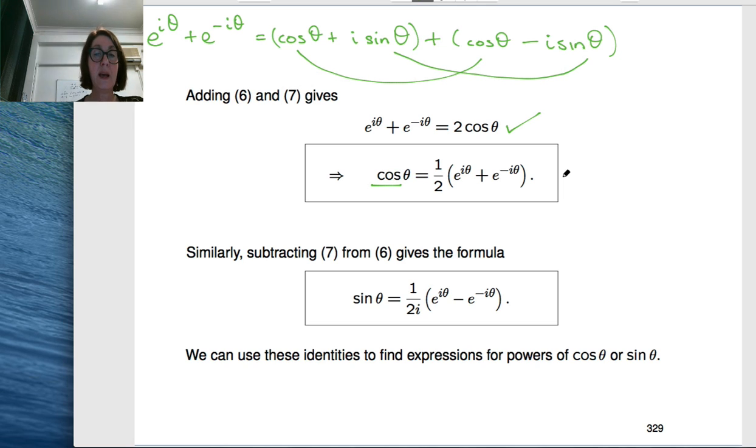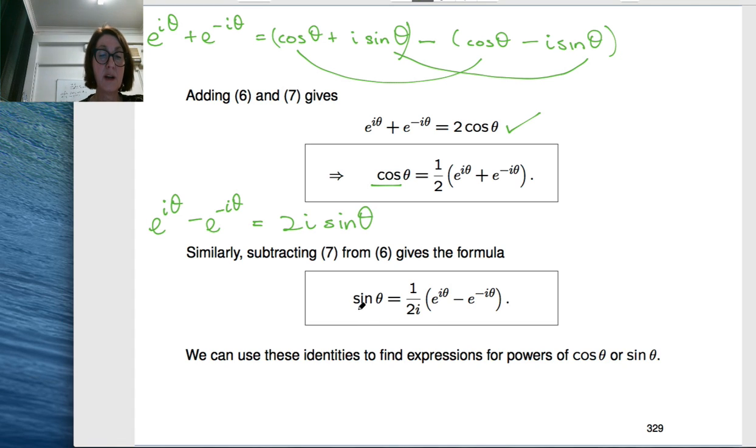Okay. If instead we take e to the i theta minus e to the minus i theta, then that becomes a minus sign for this expression, and so I get now cos theta minus cos theta, so that's 0, and i sine theta minus i sine theta, so that gives me 2i sine theta.